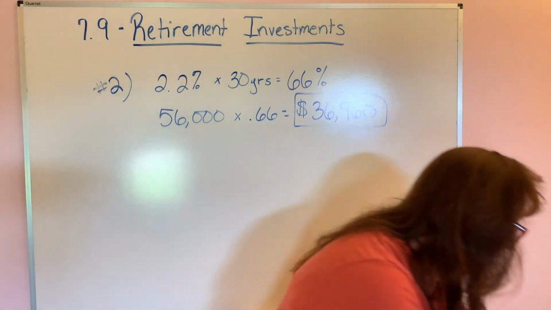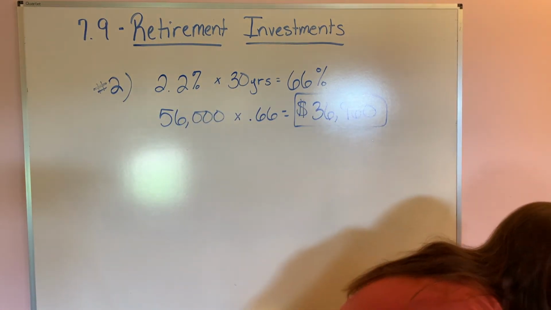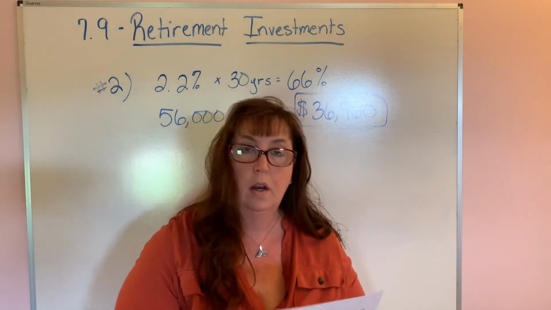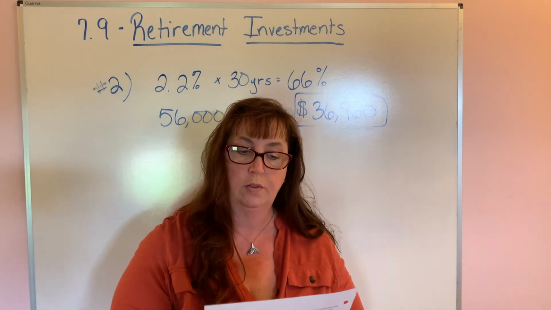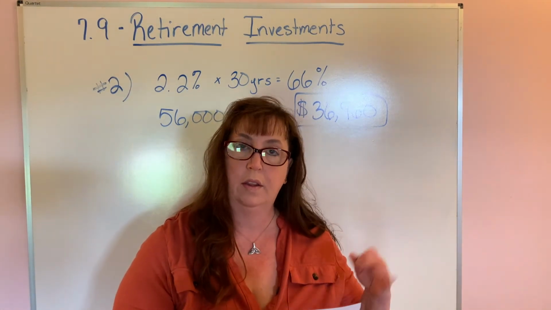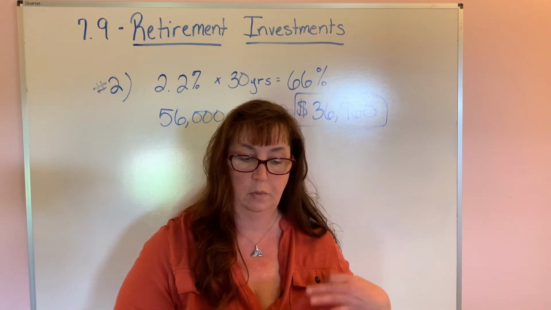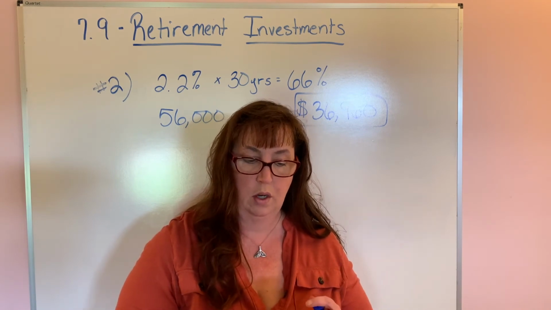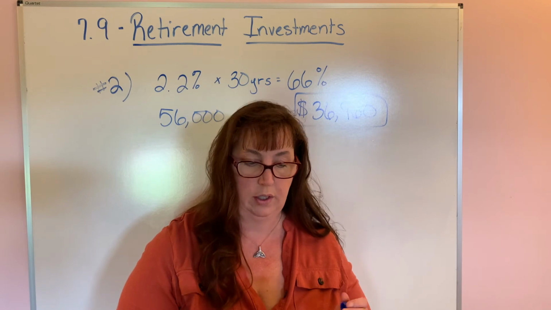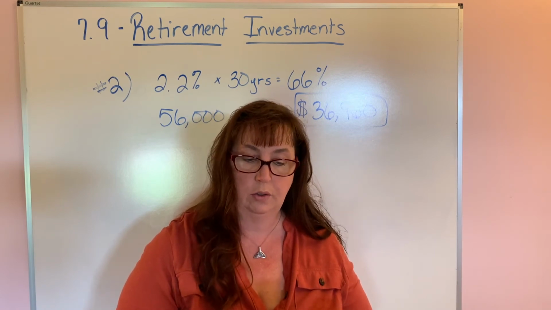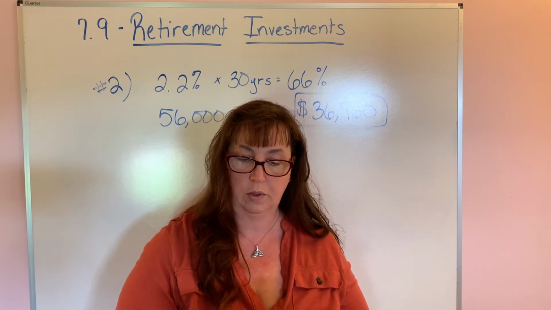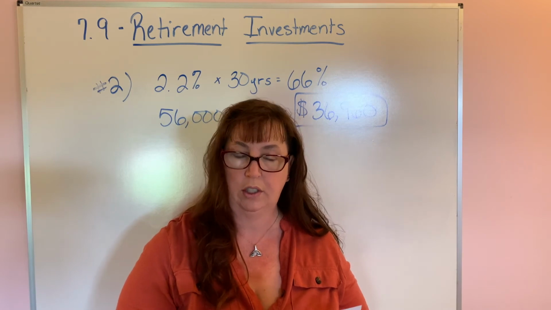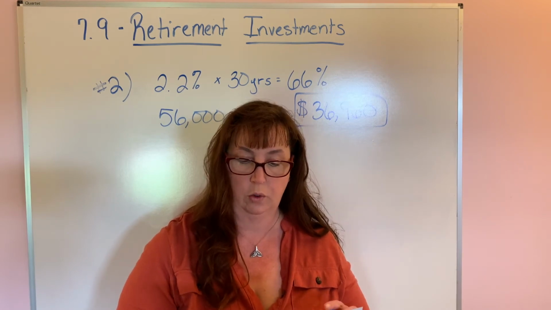All right, we're on to page 19 in your notes. Withdrawals from a retirement investment. There are, again, penalties if you take out the money early, and it says you are not allowed to withdraw money from personal retirement investments until you reach the age of 59 and a half years old.